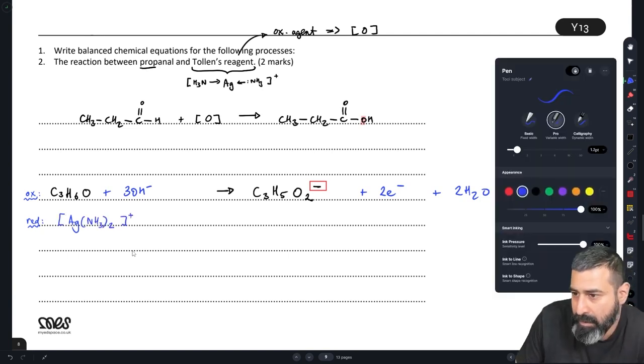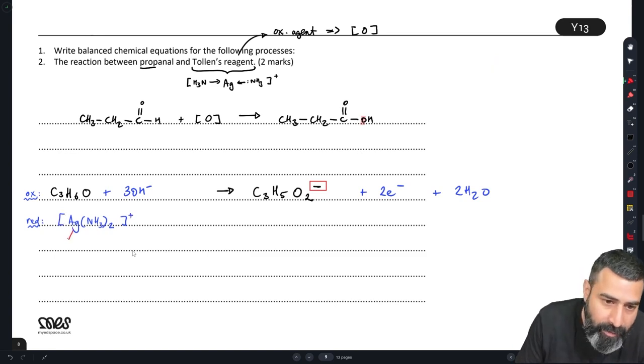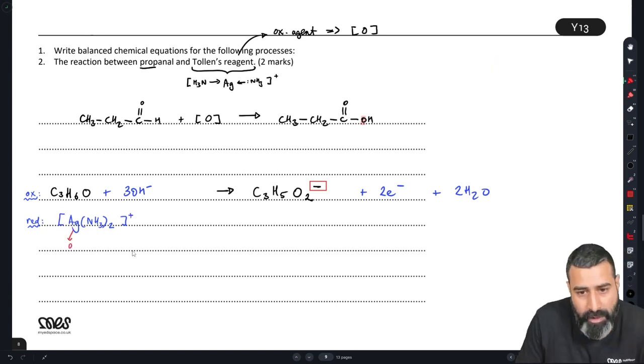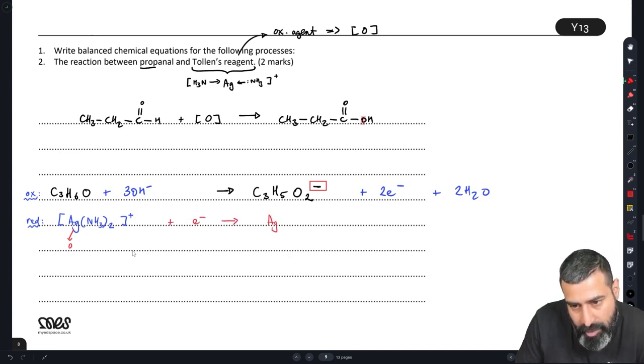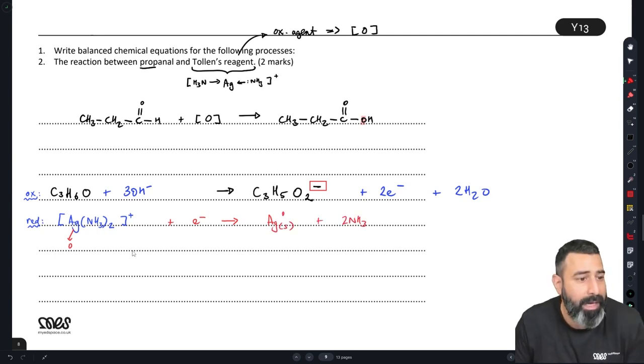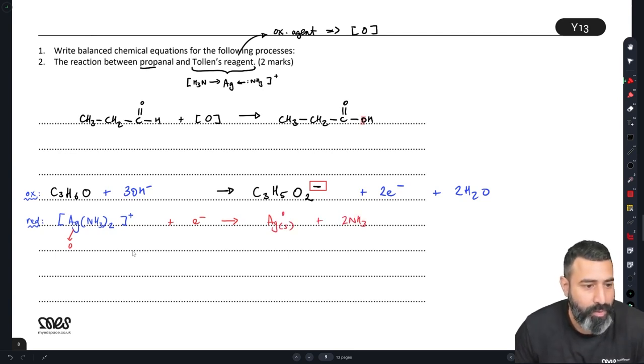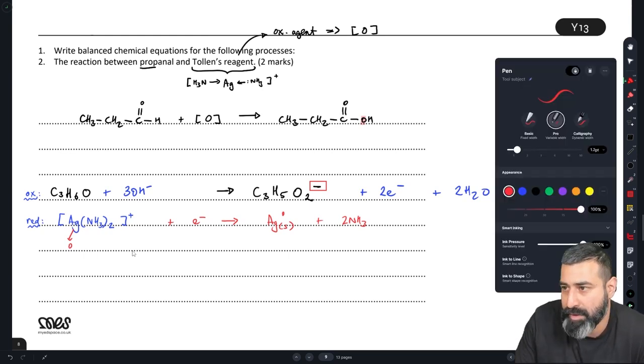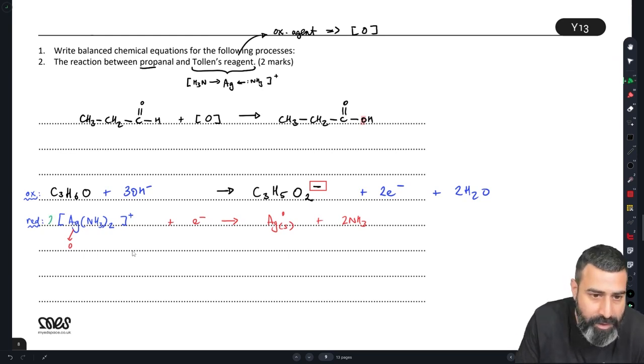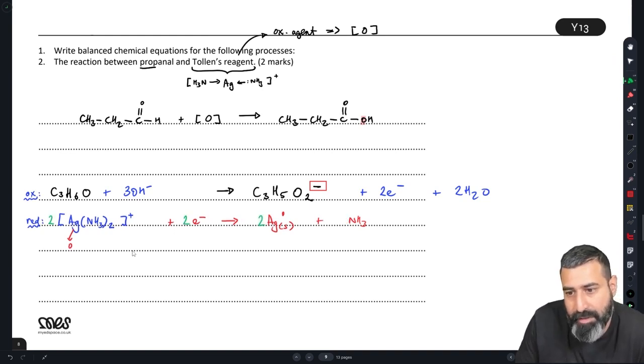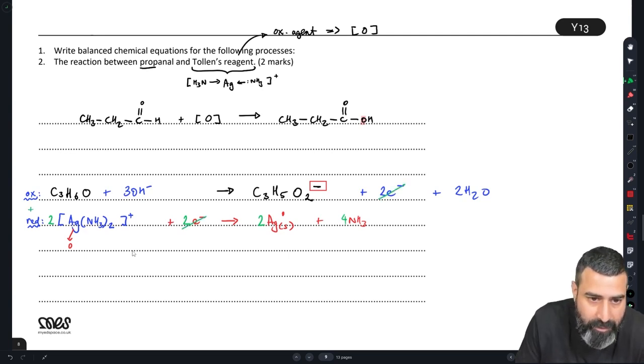Remember that the silver has the plus charge because the ammonia ligands are neutral, so then we need a 1 electron reduction to form metallic silver and 2 NH3. What do we need to do to this? Remember, the oxidation is a 2 electron oxidation, so this needs to be a 2 electron reduction, so we're just going to scale everything up. And that becomes 4NH3, so the combined equation is going to be, cancel the electrons out, this.